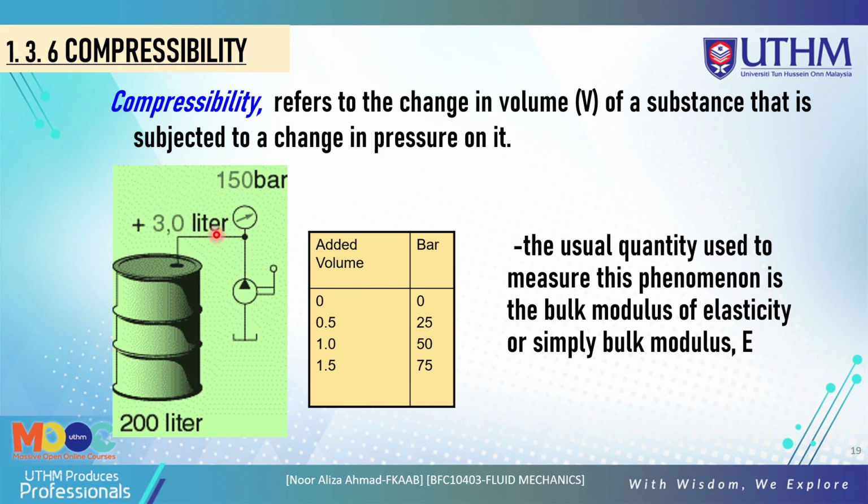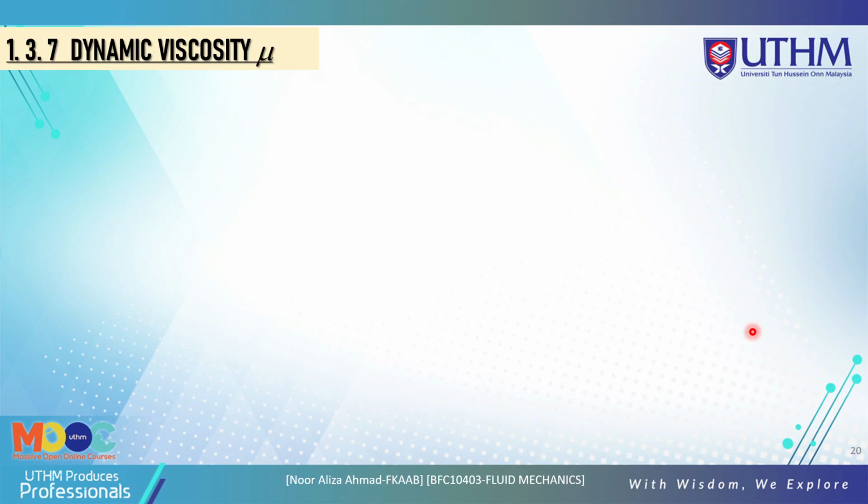The usual quantity used to measure this phenomenon is the bulk modulus of elasticity, or simply bulk modulus, using the symbol E. Because this is more on theory, you must know what compressibility is: the change in volume of a substance that is subjected to a change in pressure on it.